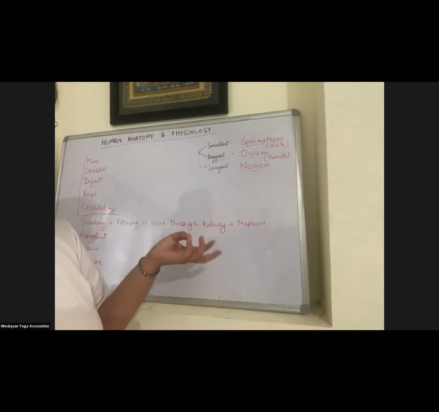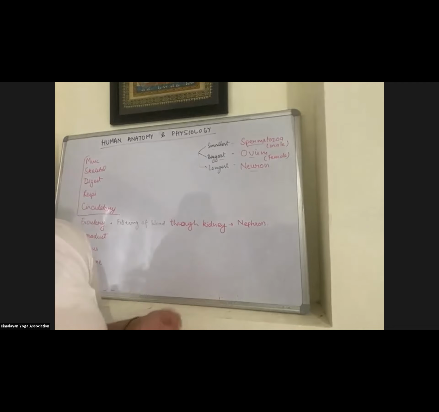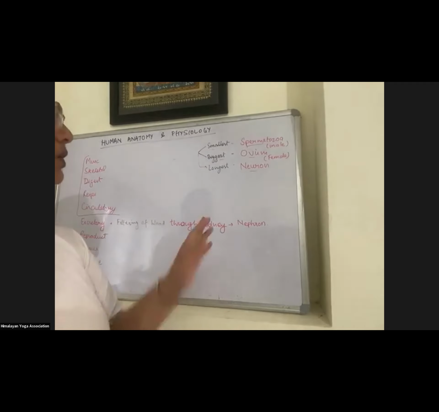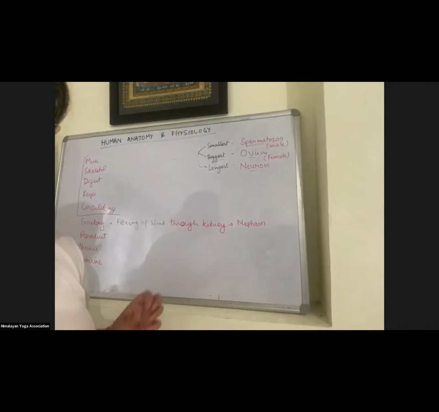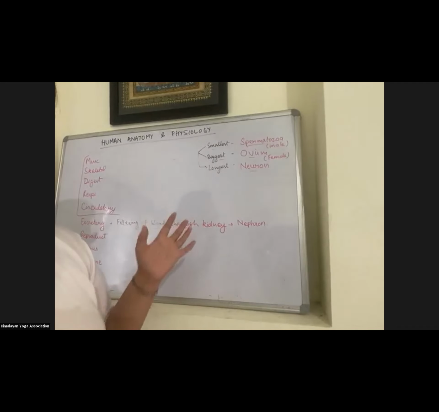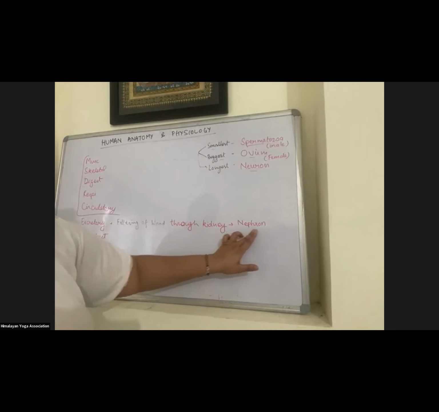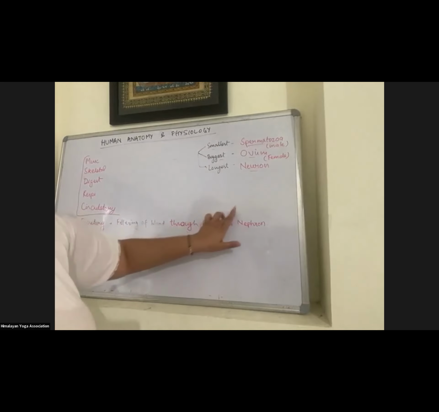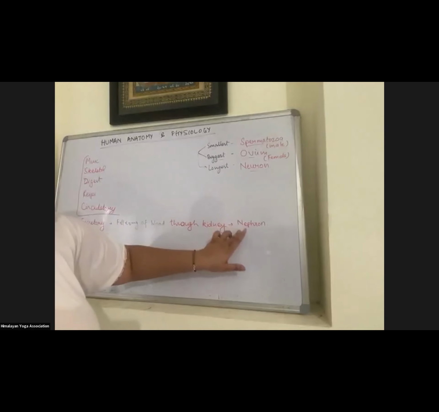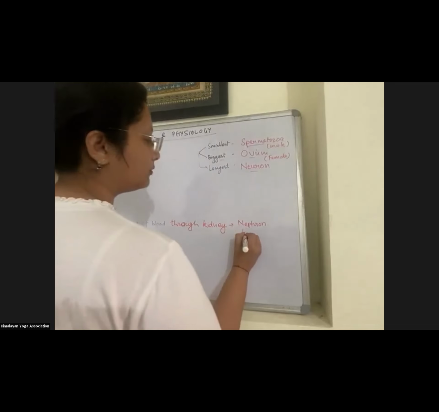It is carrying oxygen, carbon dioxide, nutrients, and also the waste material. So that blood goes to the kidney, and all that waste material is taken away from the blood cell to the kidney, through this nephron. This is the filtering. It acts like a filter.